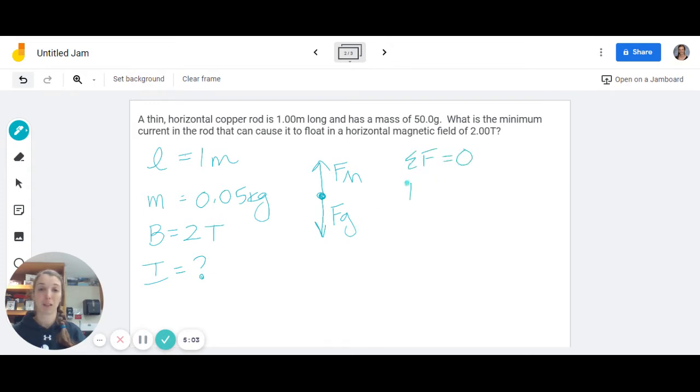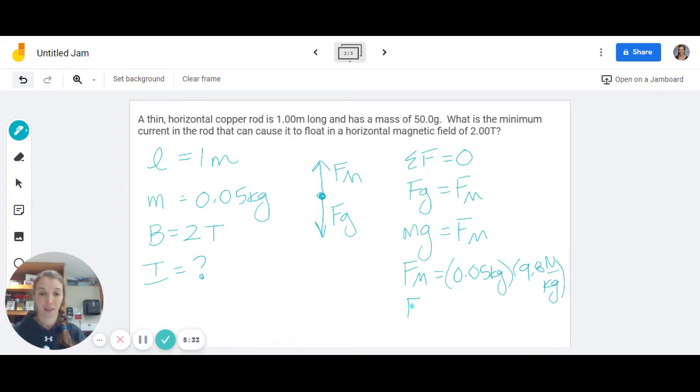So if the net force is equal to 0, then the magnitude of force of gravity is going to be equal to the magnitude of magnetic force. So we know that the force of gravity is mass times gravitational field strength. And I'm going to flip these. So magnetic force is going to be 0.05 kilograms times 9.8 newtons per kilogram.